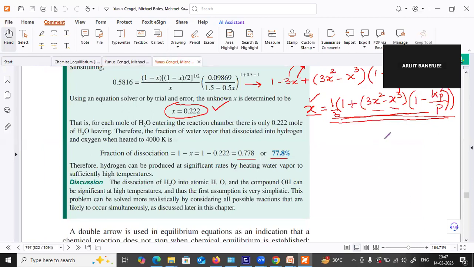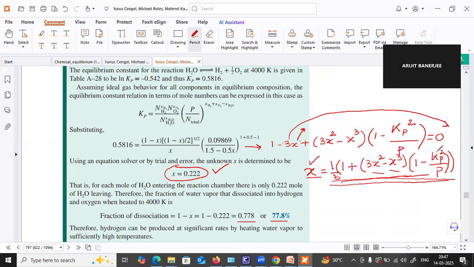Now here you will just replace the Kp value, and for different temperatures, you will be able to calculate the value of X. And you will understand that with temperature change, what is the rate of dissociation or what is the fraction of dissociation. That you will do as an assignment. Is it clear?